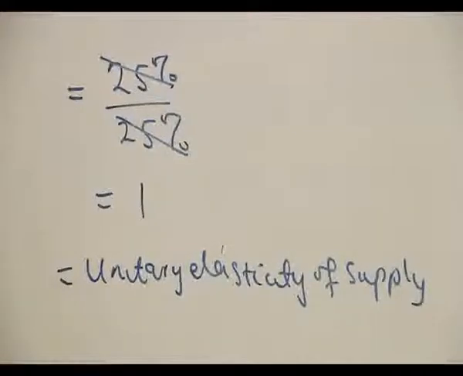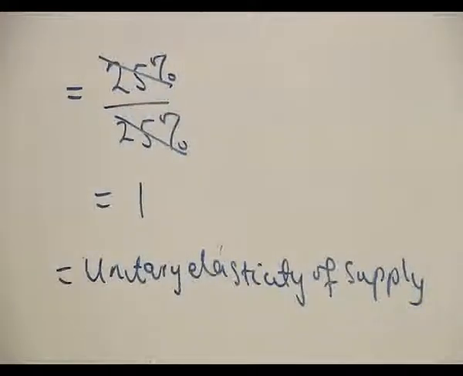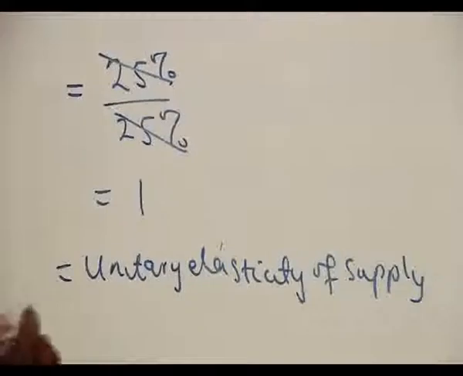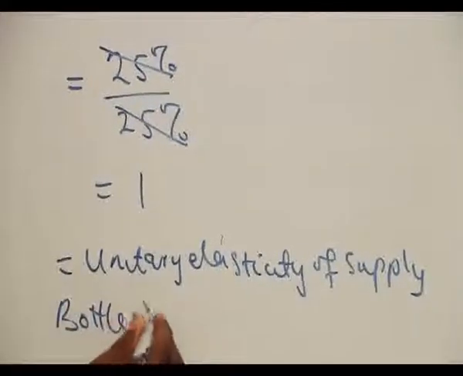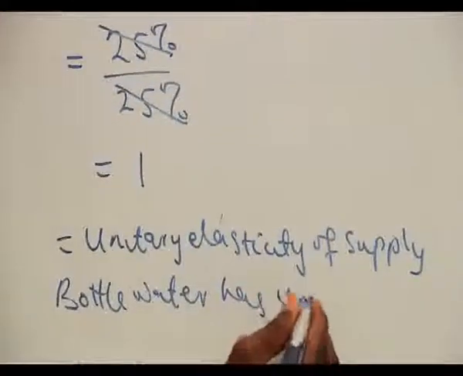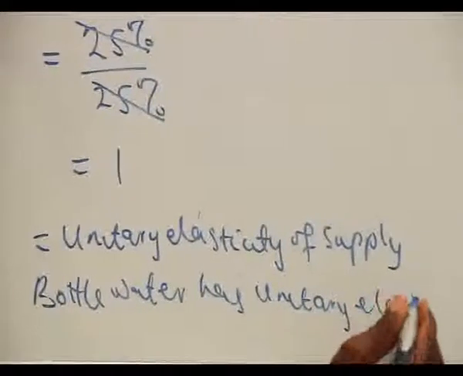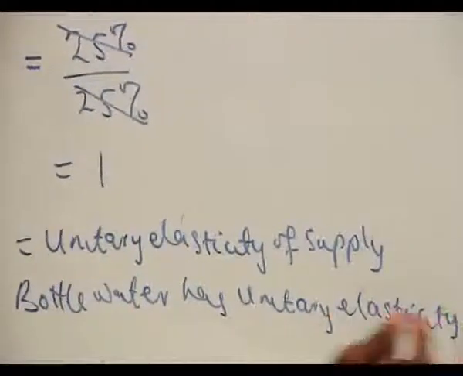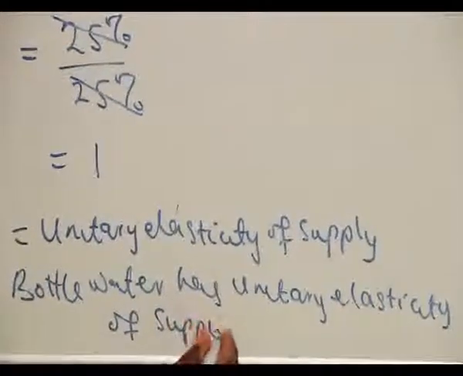So by looking at our question, it implies that bottled water has unitary elasticity of supply.